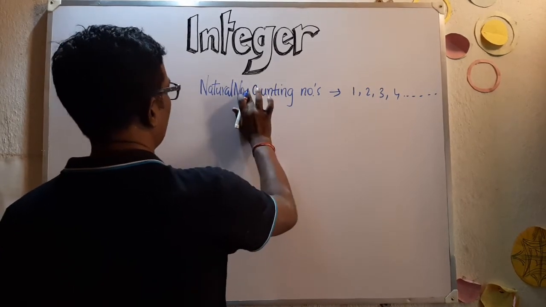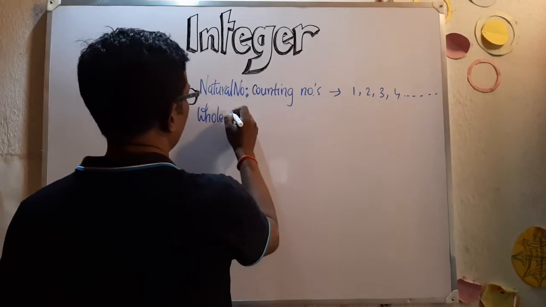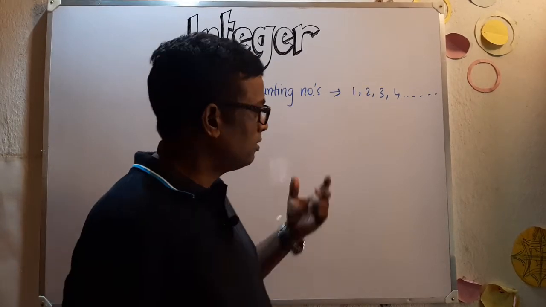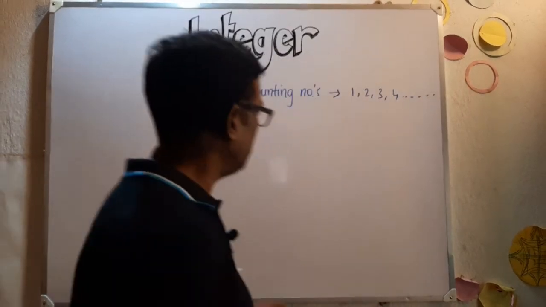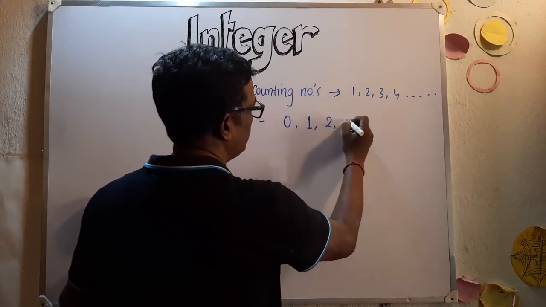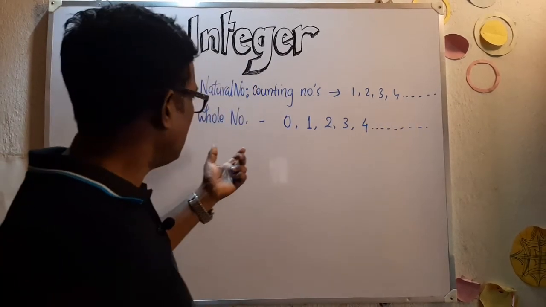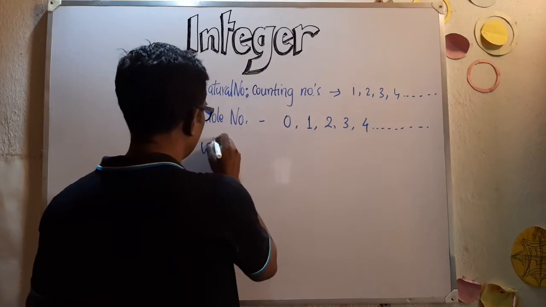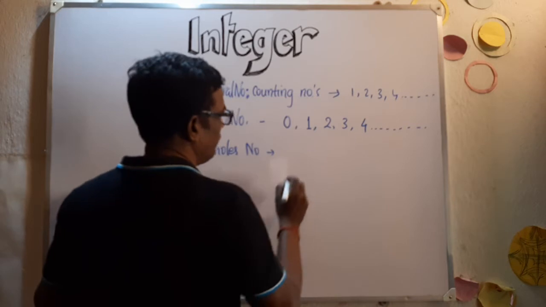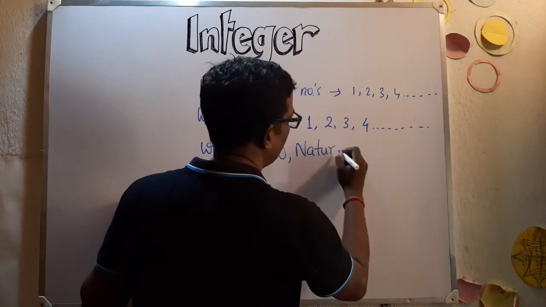Now let's take whole numbers. What do you understand by whole numbers? Whole numbers are the counting numbers that include 0. That means it starts with 0, 1, 2, 3, 4 and goes on. That means whole numbers are the natural numbers that include 0: 0 and natural numbers.